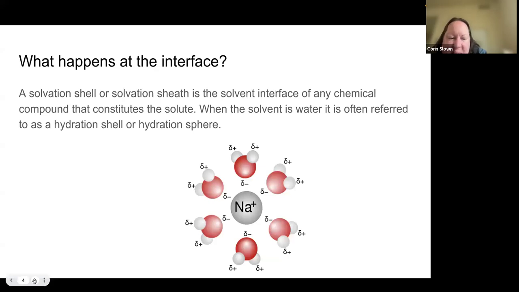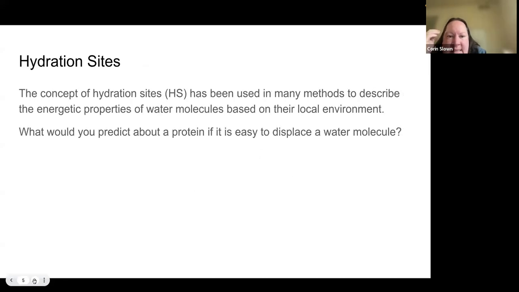The next piece of this, if we take one step further, is to think about the energetic properties of water molecules based on their local environment. I want you to think about this question. What would you predict about a protein if it's easy to displace a water molecule? If you could swap out one water molecule for another, they're easy to move, what would you know about the surface of that protein?